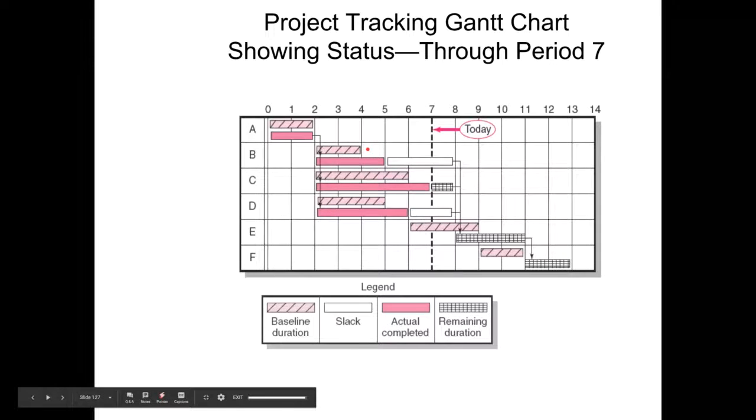Activity B, you can see it took 1 week over the scheduled time, but still this activity has got some slack, which will cushion any time increase. So this is not a concern. Activity C, how would you comment on the health of activity C looking at this tracking Gantt chart?